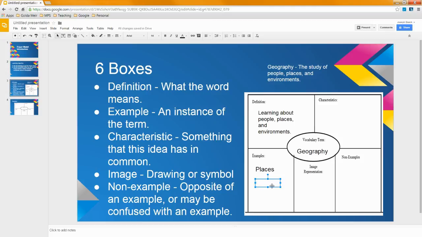Again, geography involves people, places, and environments. If we come up with an example of people, we could come up with Americans as an example. So again, when we study Americans, we also study geography.